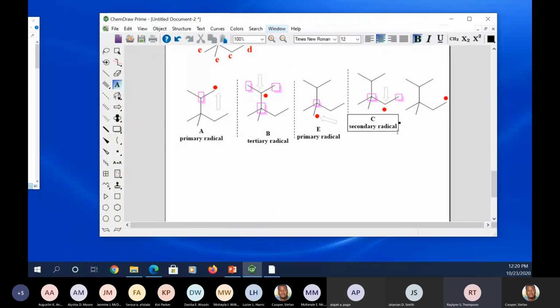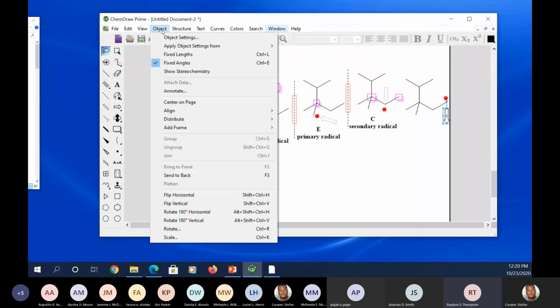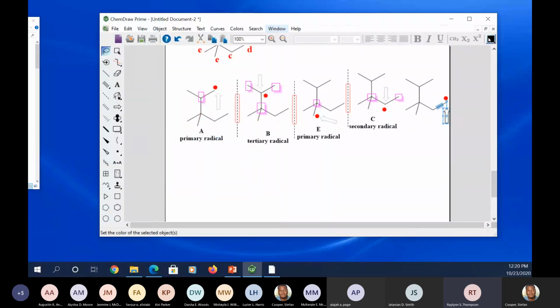And I'm going to put my arrow, and that only has one carbon attached to it.